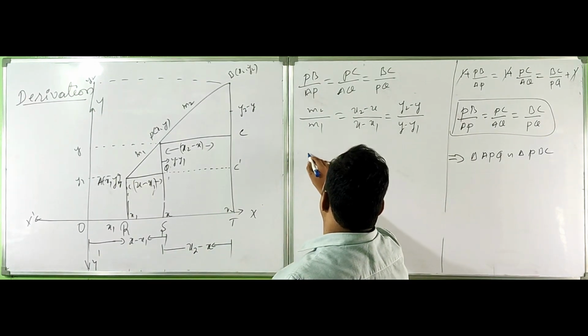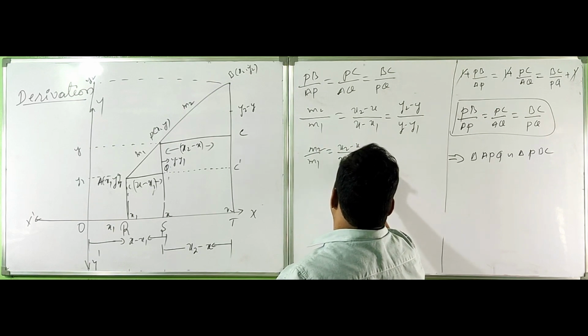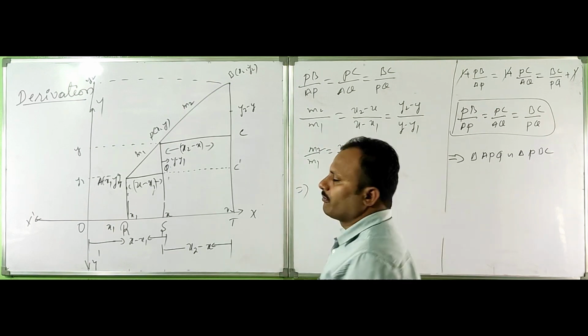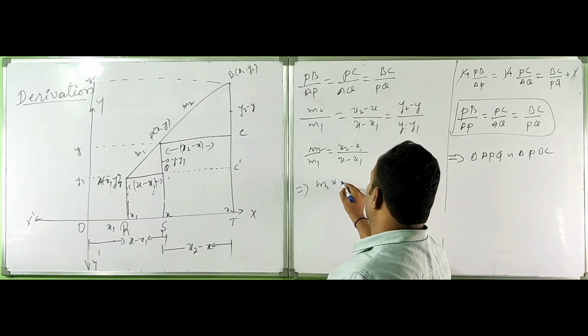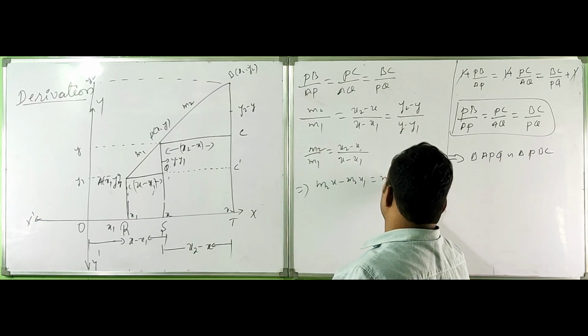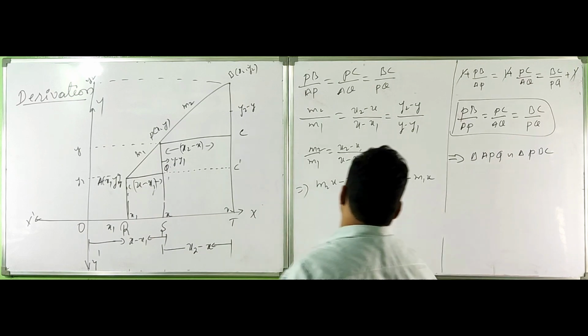What will you get? First one, M2 by M1 is equal to X2 minus X divided by X minus X1. Cross multiplication gives M2X minus M2X1 is equal to M1X2 minus M1X.